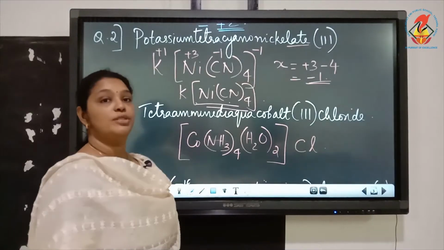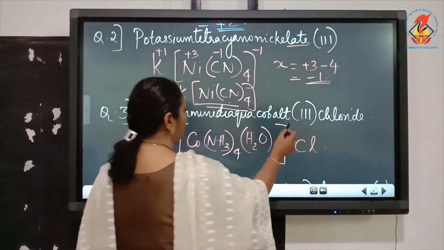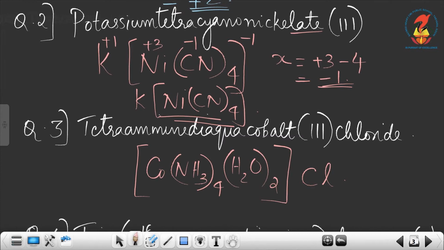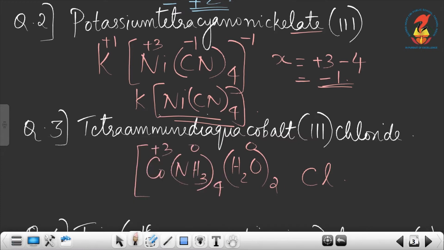Now the next step is to find the number of chloride ions. For that I should find the charge of complex ion. So cobalt +3 oxidation state, ammonia 0, water 0, this you don't know. So what will be X? X will be equal to +3. Now if this is +3, you know the charge of chloride ion is -1. How many chloride ions should be there?